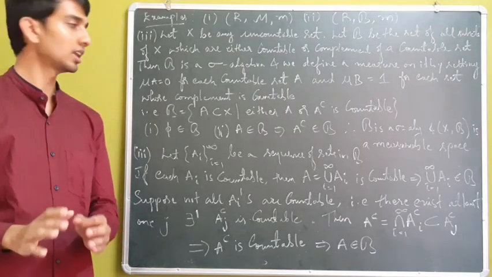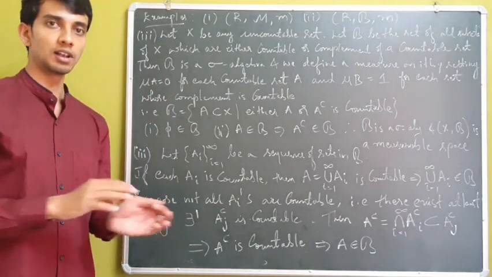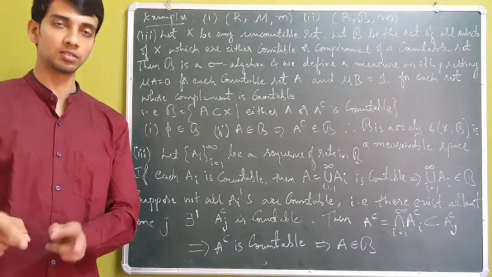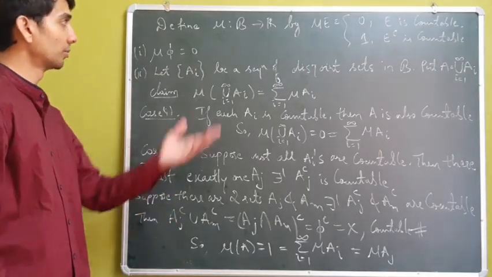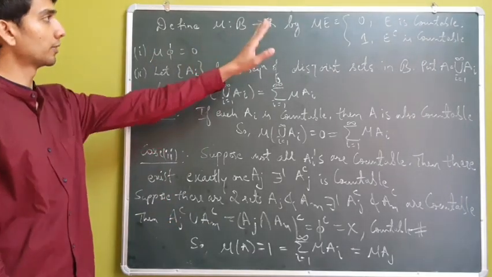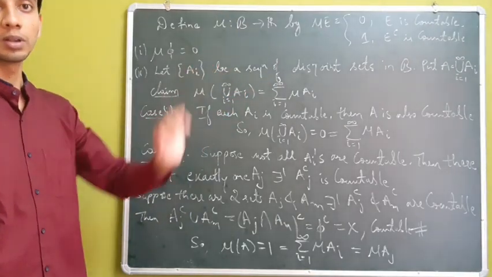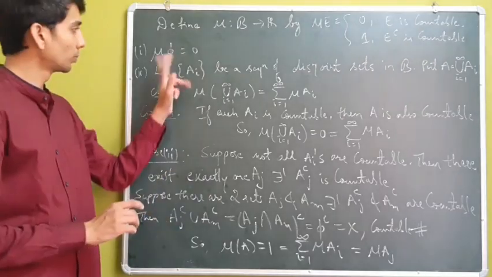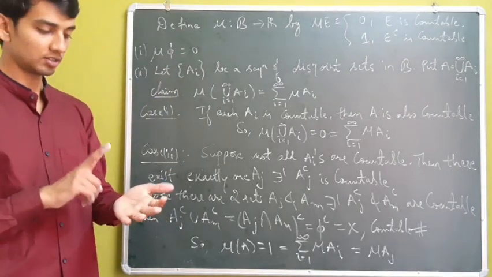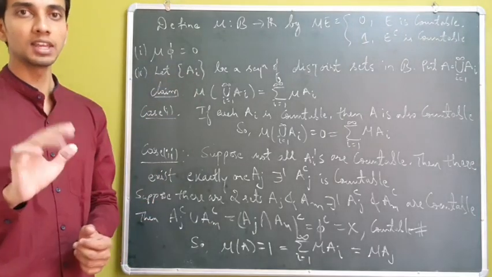What remains is to prove that mu is a measure, so that we end up with (X, B, mu) being a measure space. So if I need to prove mu is a measure, I need to prove two things: one, the measure of the empty set is 0, and two, it is countably additive.